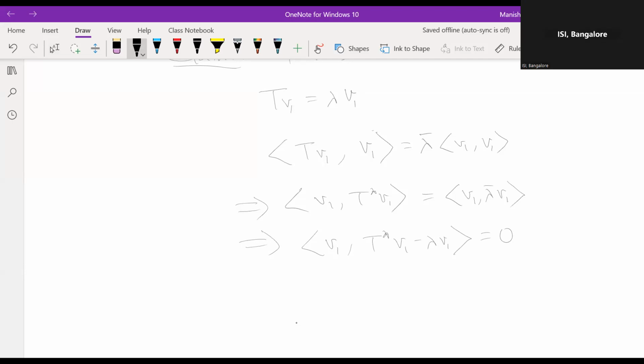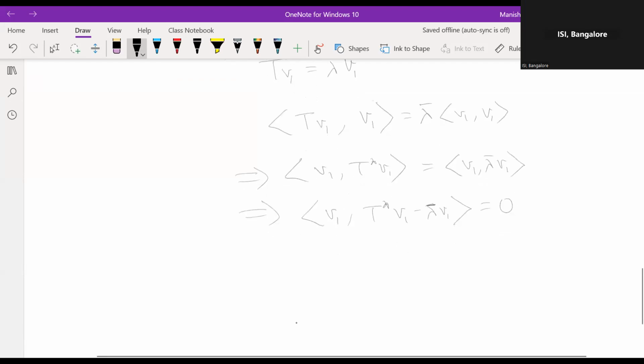Lambda bar V1, not lambda V. So I want to claim that T star V1 minus lambda bar V1 belongs to V1 perp, because it's orthogonal to V1.